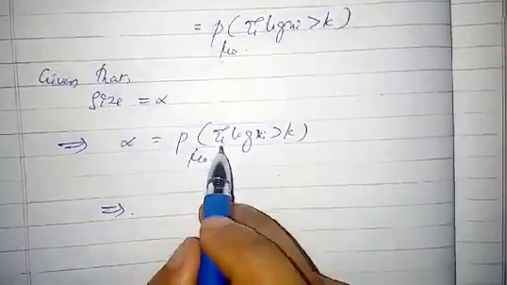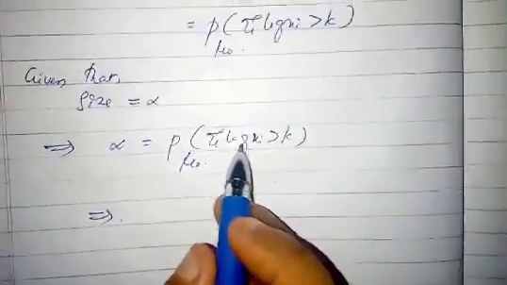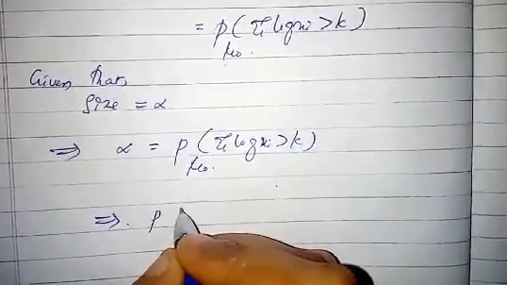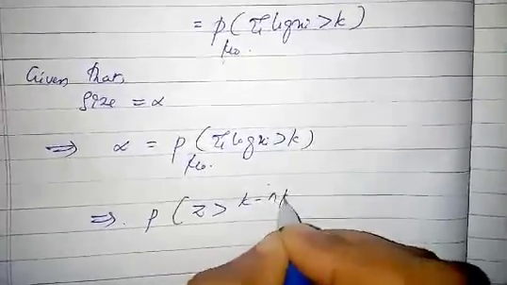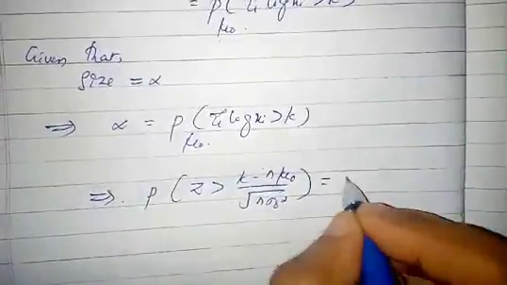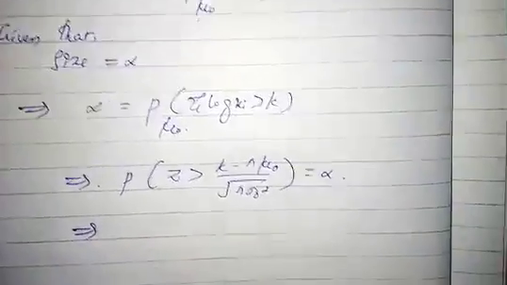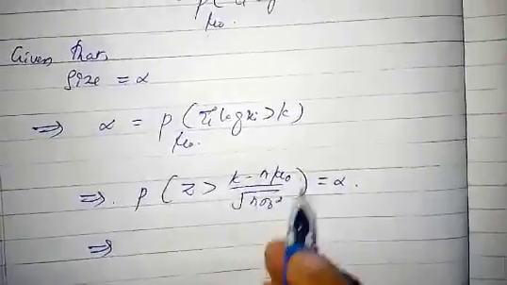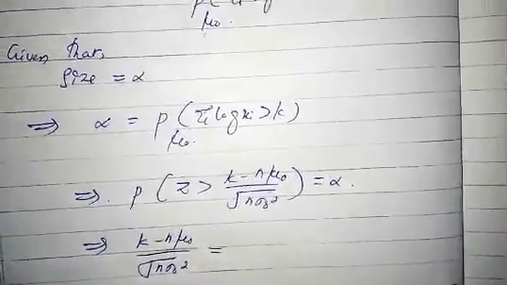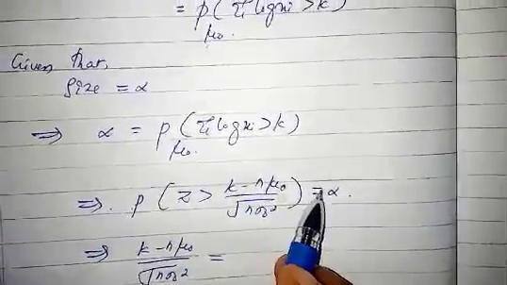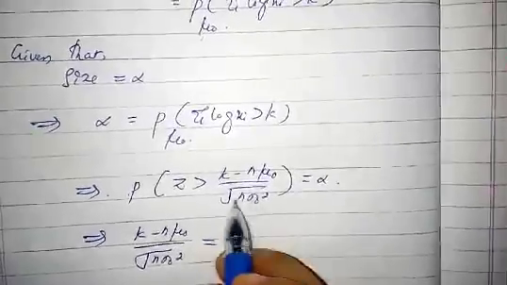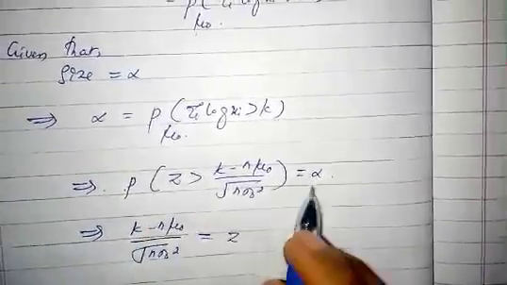Which implies we can write this in terms of a standard normal variable, that is, the probability of Z greater than k minus n mu naught divided by square root of n sigma naught square, which is equal to alpha. So here we have to determine the value of k. We can take this term outside, so k minus n mu naught divided by square root of n sigma naught square is equal to the z alpha value.